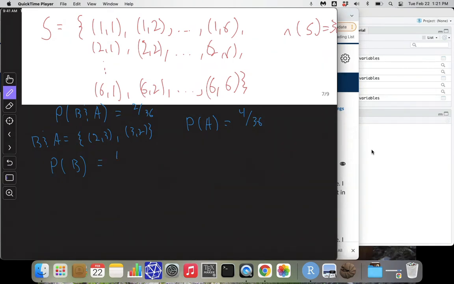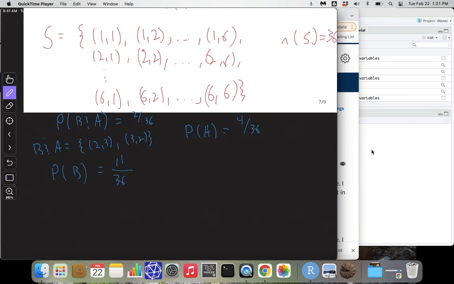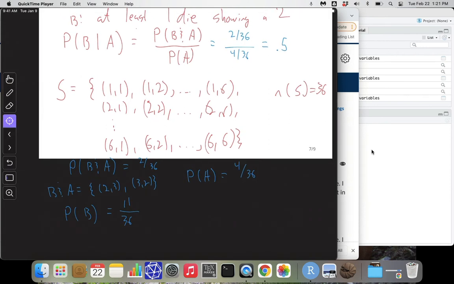So the probability of B alone, or the probability of seeing at least one 2, is 11 out of 36. So we can really see here that knowing that the sum of the 2 die is a 5 updates the probability from 11/36, which is a little less than a third, to 0.5. So it increases the probability, knowing that we have a sum of 5.